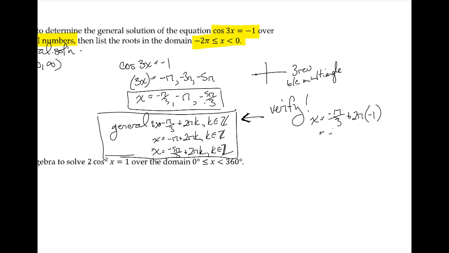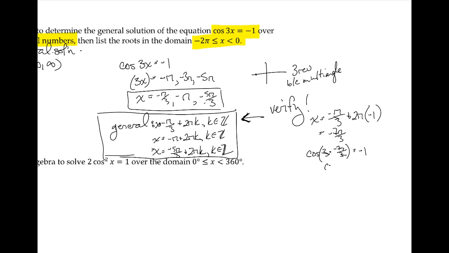So that would leave me with negative 7 pi over 3 total. Okay, if I go to solve that in here now, what I would be doing is I'd plug in cos of 3 times negative 7 pi over 3 equals negative 1.